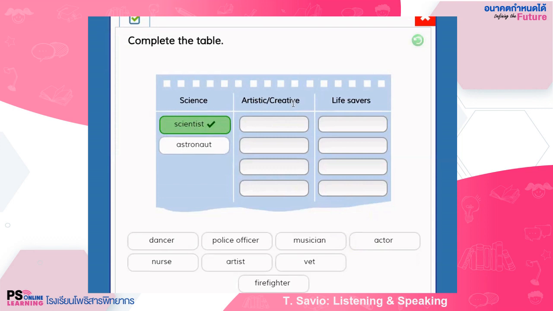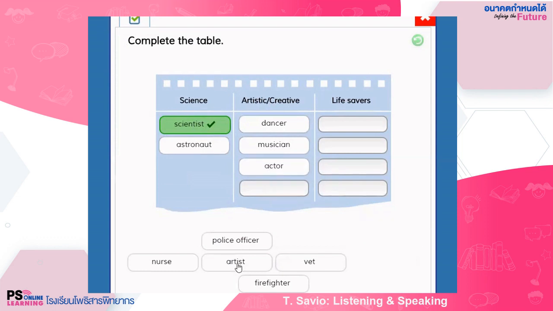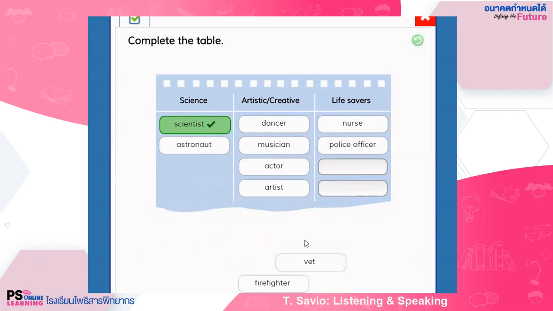For artistic and creative temperaments will be dancer, musician, actor, and artist. And for lifesavers, nurse, police officer, a vet, and a firefighter.